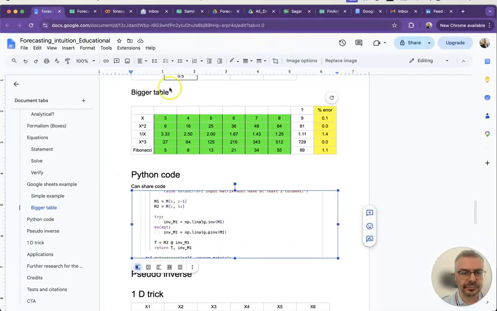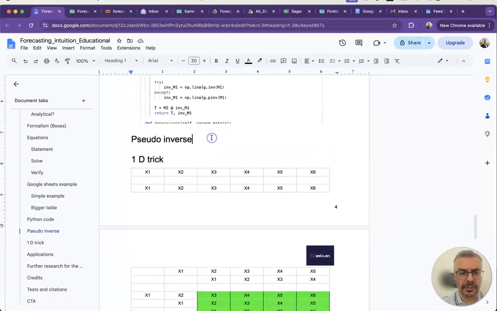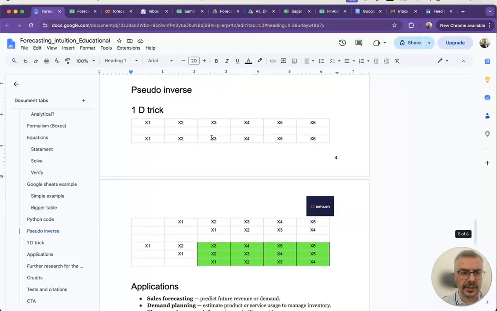Now, if you need this code, please write it in the comments and you will receive it.